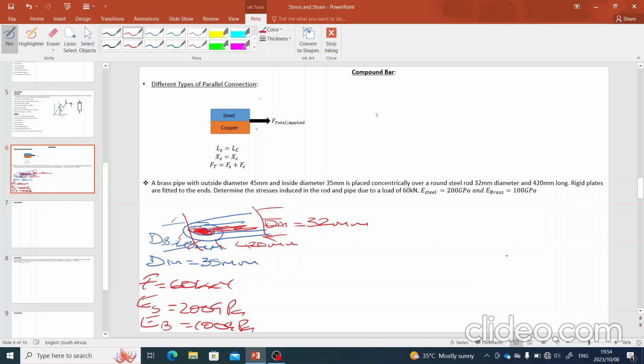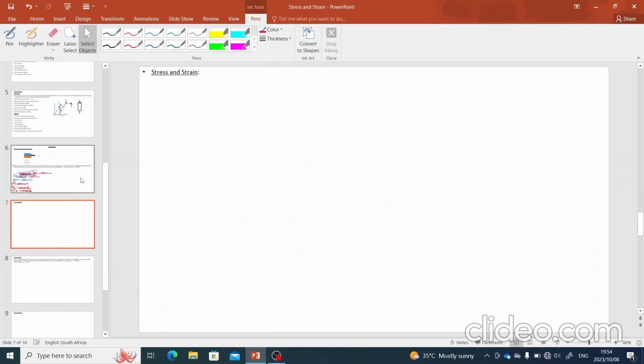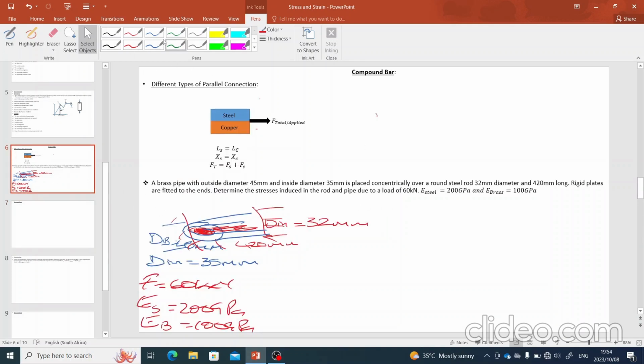Now they want us to calculate the stresses. What is it that we know? Under the parallel connection, we know firstly that length steel equals length brass. Then we have the change in length of steel equals the change in length of brass.